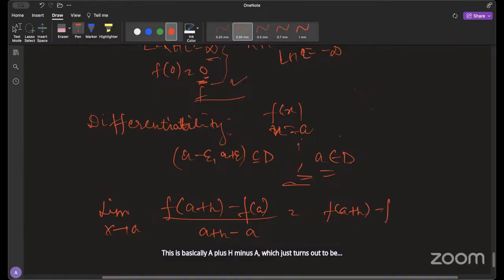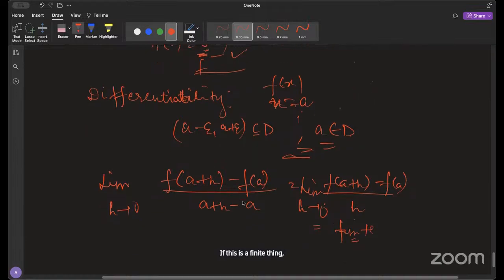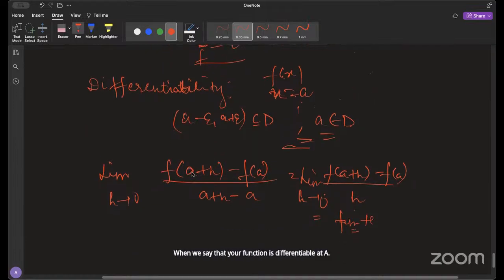So you can simply write it as this, with h tending to 0. If this is a finite value, then we say that your function is differentiable at a, right? This is the definition of differentiability.